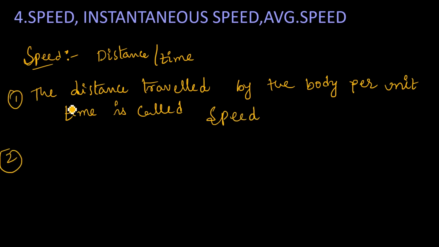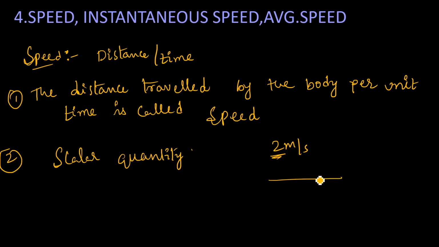Coming to the second point, it is a scalar quantity. So what is a scalar quantity? The quantity which has only magnitude. Like if you take speed 2 meter per second, it has only magnitude. We are not mentioning a particular direction, whether the body is moving towards east or west.